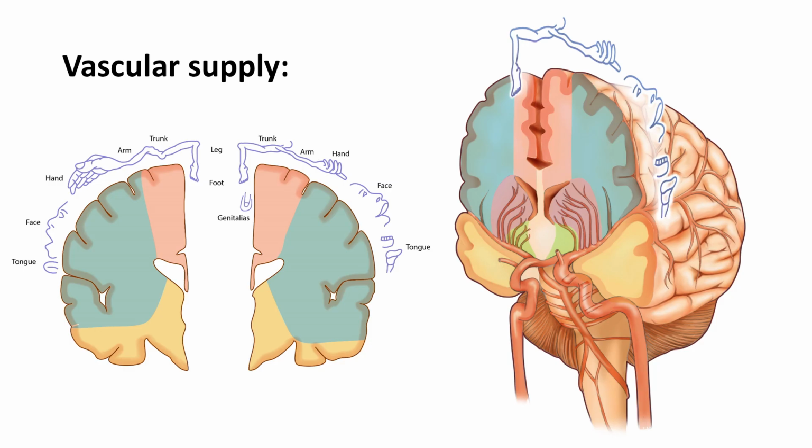So far, we have discussed the motor system components and pathways. Let's talk about the vascular supply of these structures. The brain is vascularized by four main trunks: 2 carotid arteries and 2 vertebral arteries. The carotid arteries form the anterior circulation, which supplies the anterior part of the brain, whereas the vertebral arteries form the posterior circulation, which supplies the posterior and inferior part of the brain.